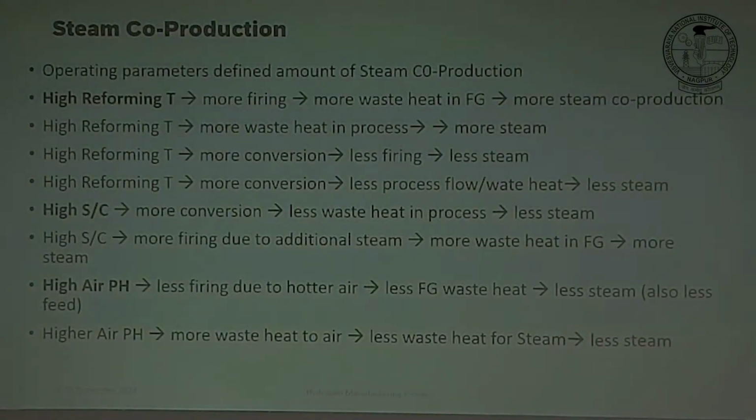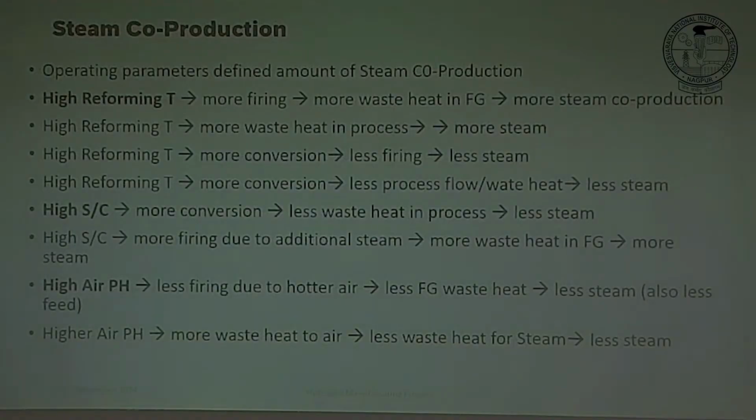That means we have more waste heat in the flue gas and more steam co-production. Similarly, with a high reaction temperature there is more heat on the process side. The reforming temperature is high, so product gases are not at 850, they're at 950, and in the boiler you generate more steam.